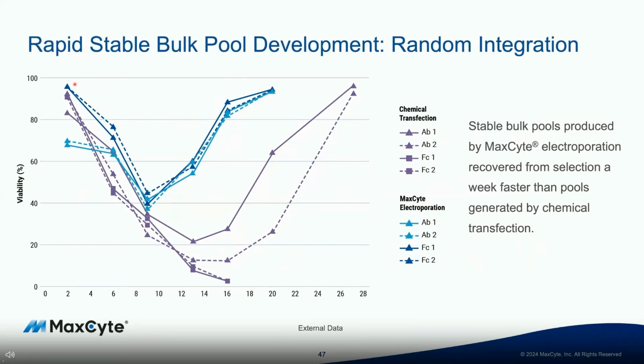So you can see with electroporation that the pools recover much faster from selection than with chemical transfection. In some cases with chemical transfection, they don't recover at all. So it's just shortening the time needed to obtain that stable bulk pool.